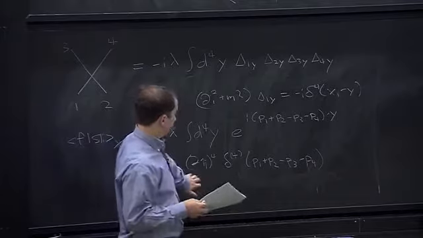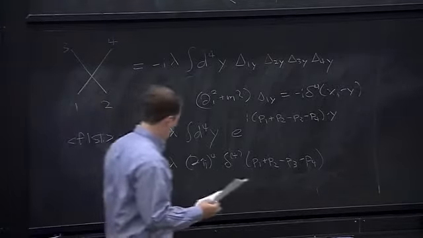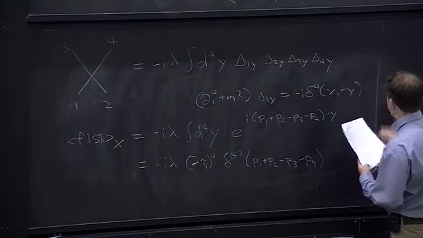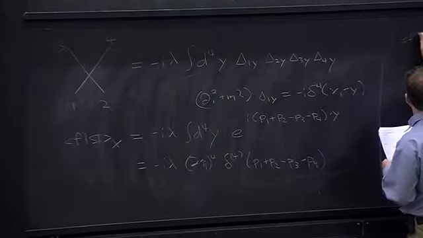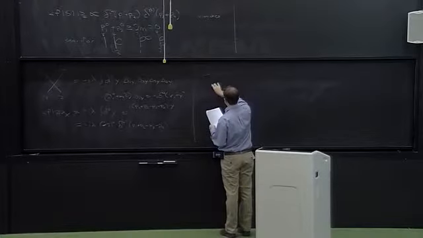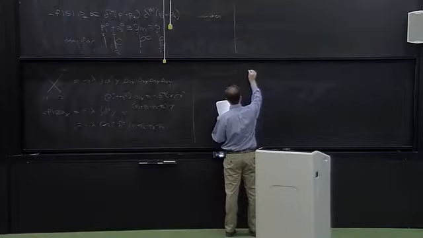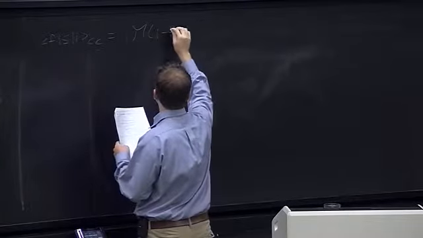And such a delta function occurs in all completely connected diagrams. I mentioned a few lectures ago, what we usually do is we pull out the interesting contribution to the completely connected scattering amplitudes and call that the matrix element, or i times the matrix element.